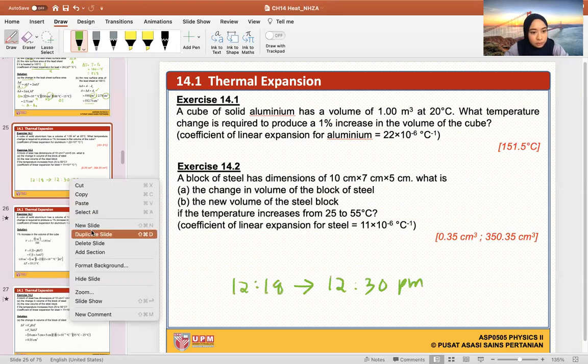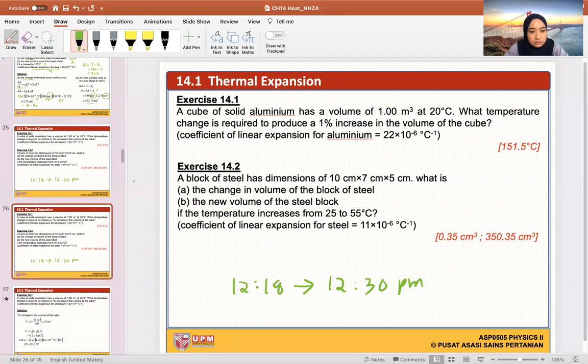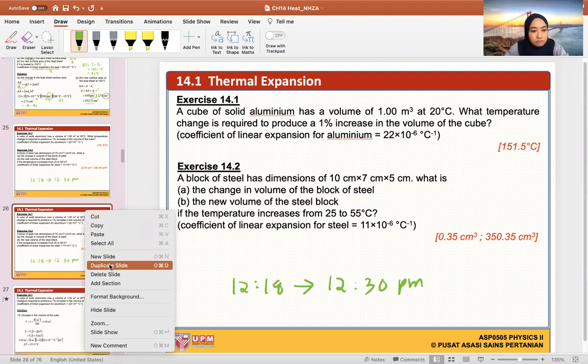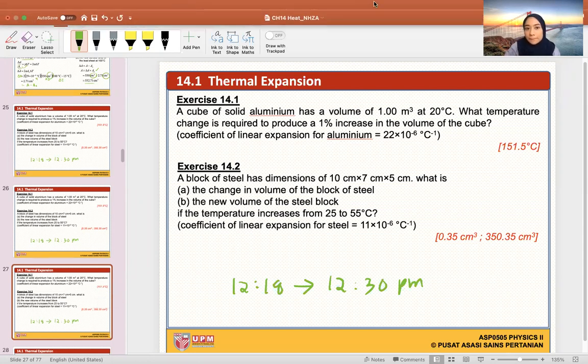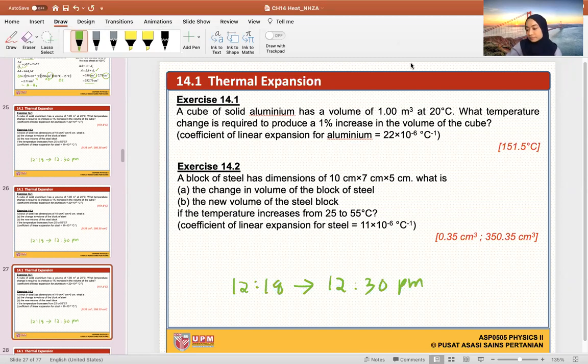Oopsie. Duplicate slide. Redo dah siap ke Redo? Belum lagi? Ouch.